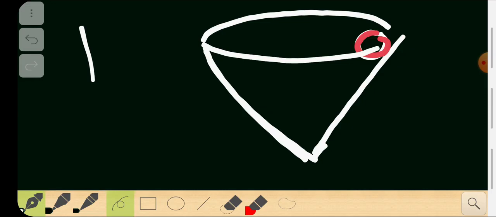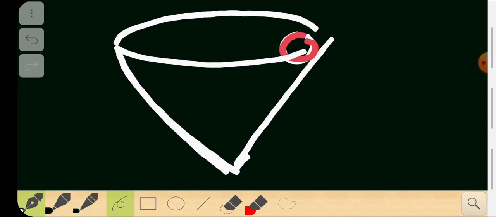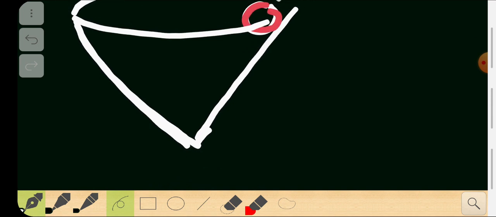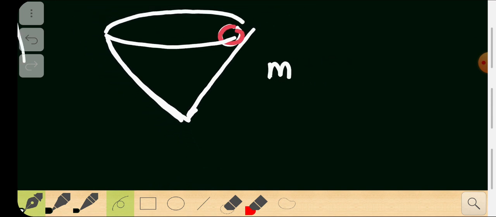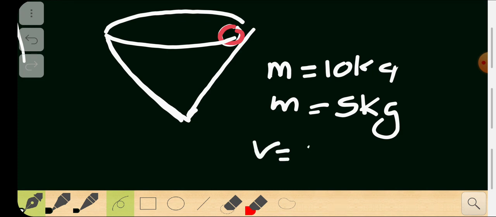The things that I have are two balls. The mass of the first ball is 10 kilograms and the mass of the second ball is 5 kilograms. The velocity of each ball is 10 meters per second.